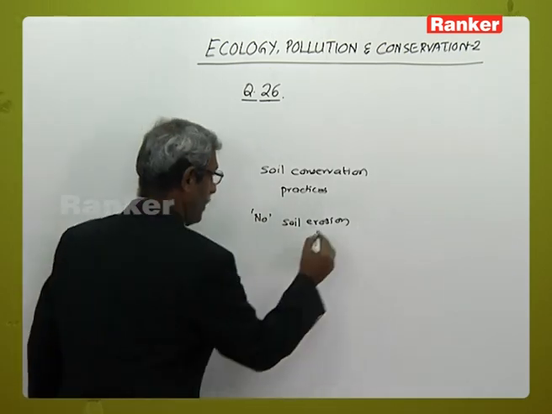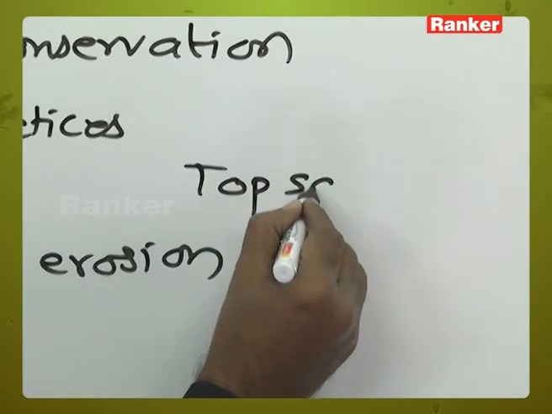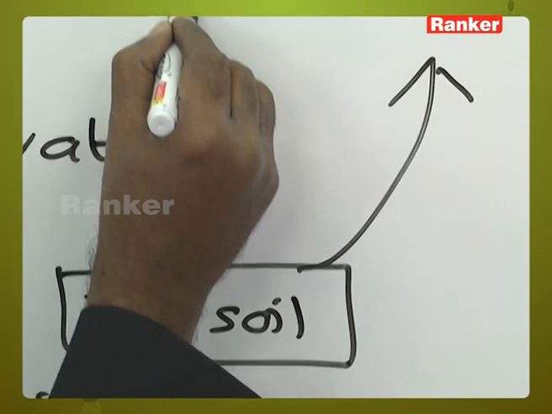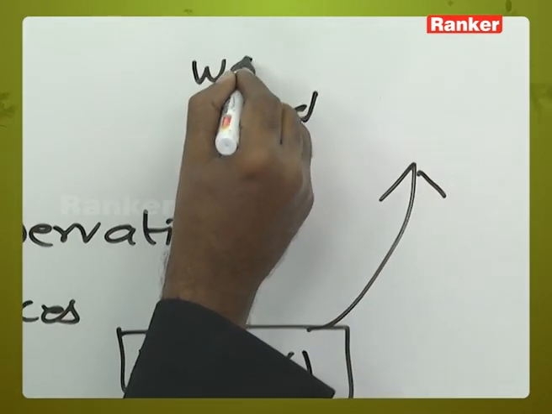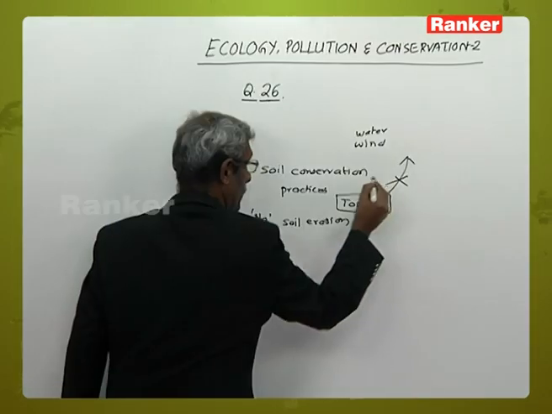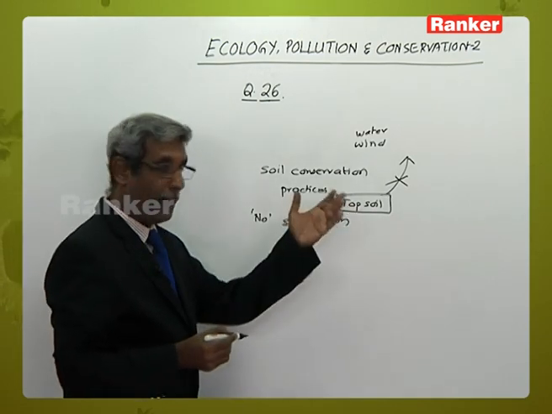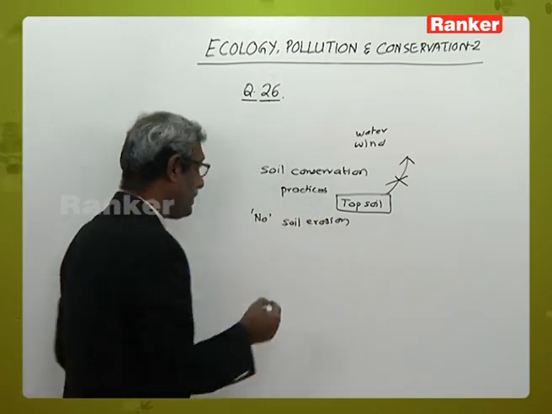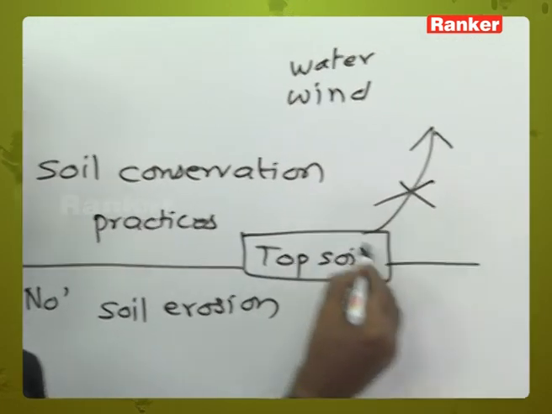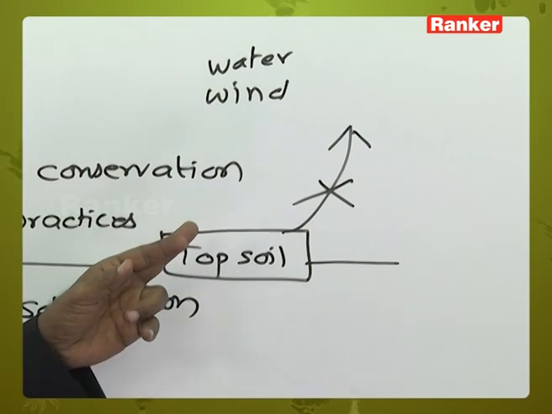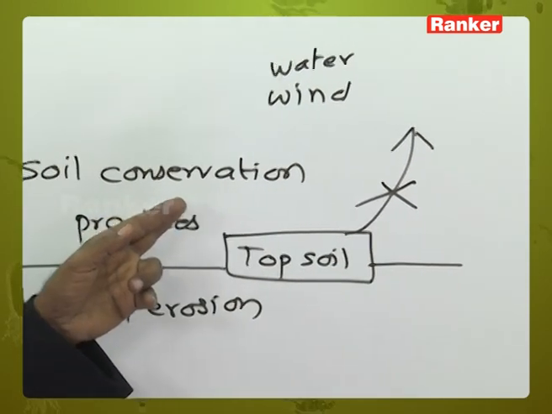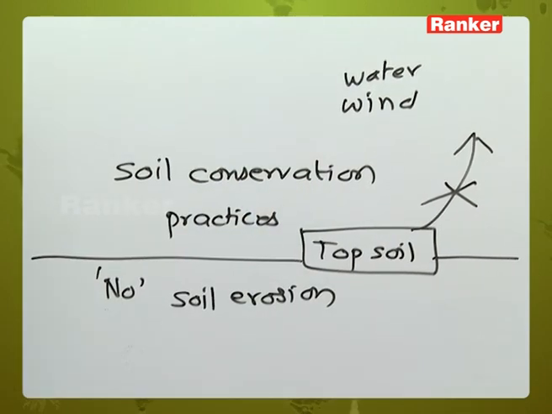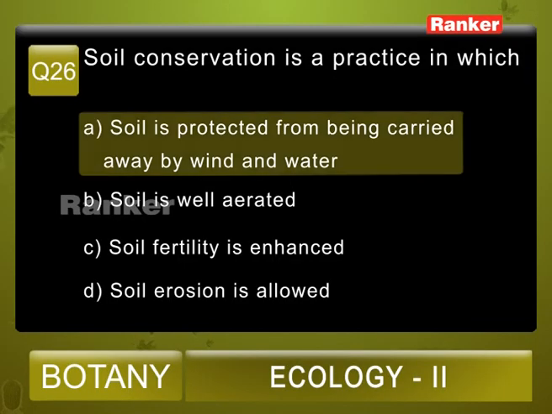That is, the topsoil should not be carried off by wind or water. If you prevent the topsoil from going away, you are doing soil conservation. So here choice A is right. The answer is A.